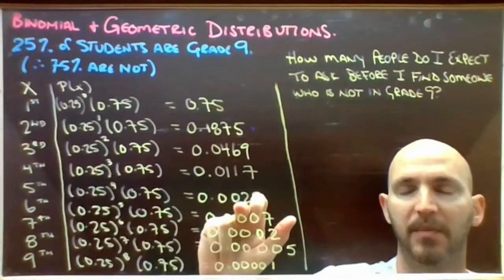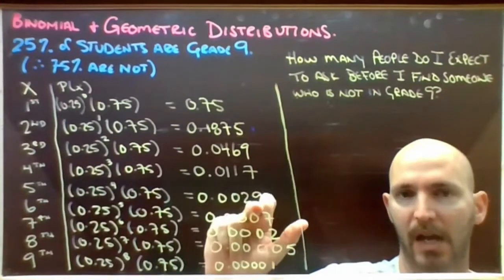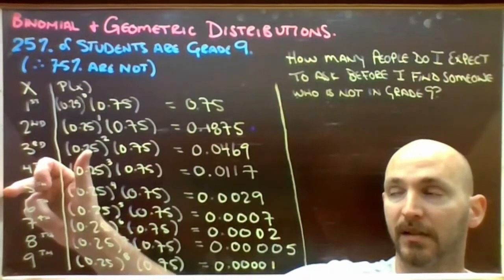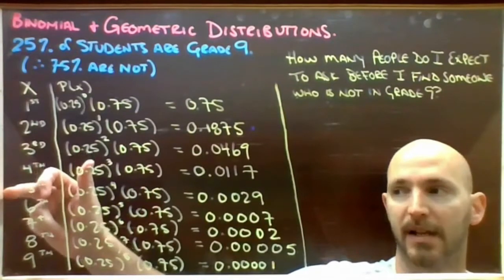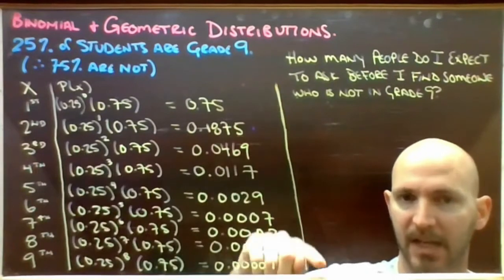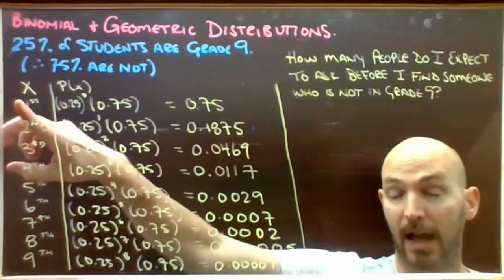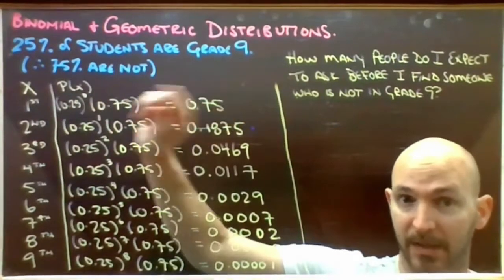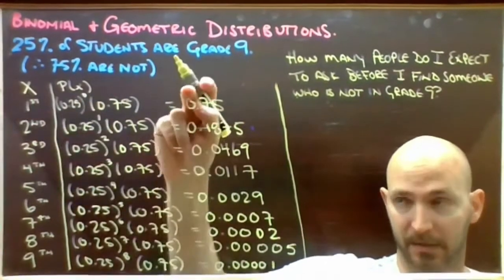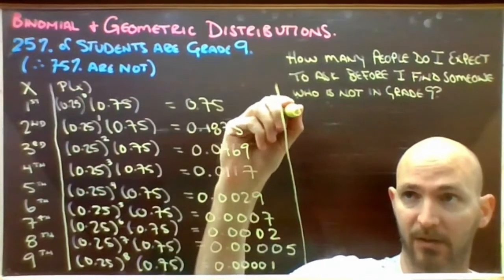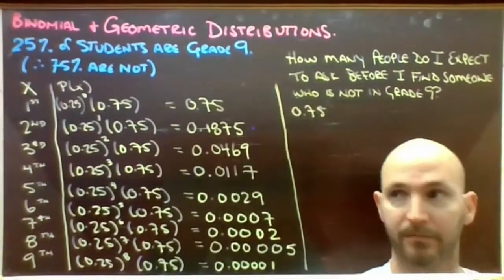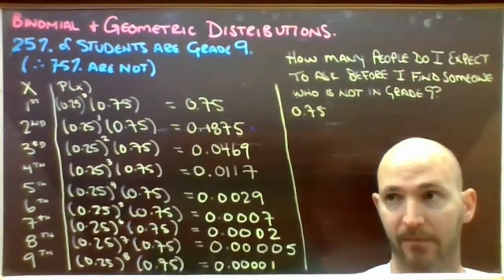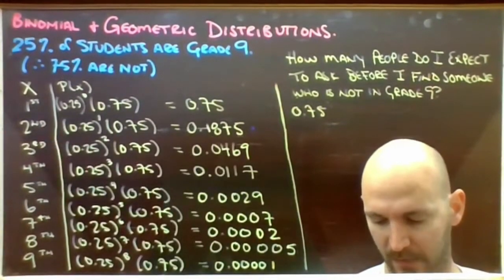So there's a probability of 0.029 that it's the 5th person you ask is the first one you find who's not in grade 9. So I'm going to make my expectation column by taking how many people I had to ask multiplied by the probability that it was that many people. So 1 times 0.75 is 0.75. 2 times 0.1875.